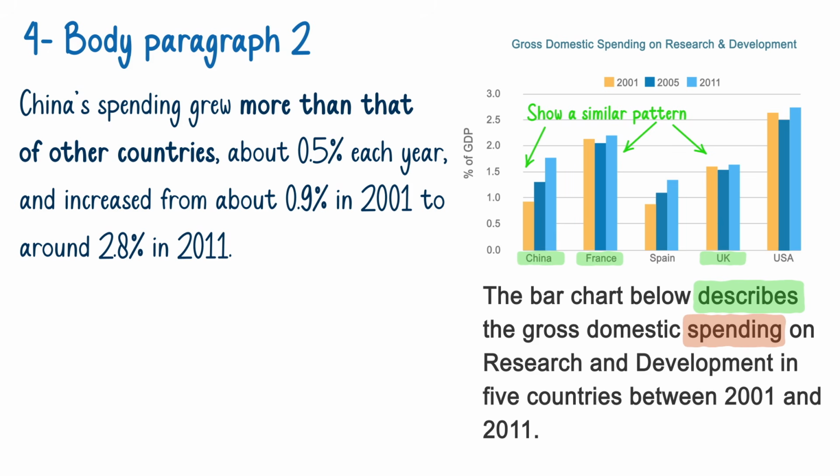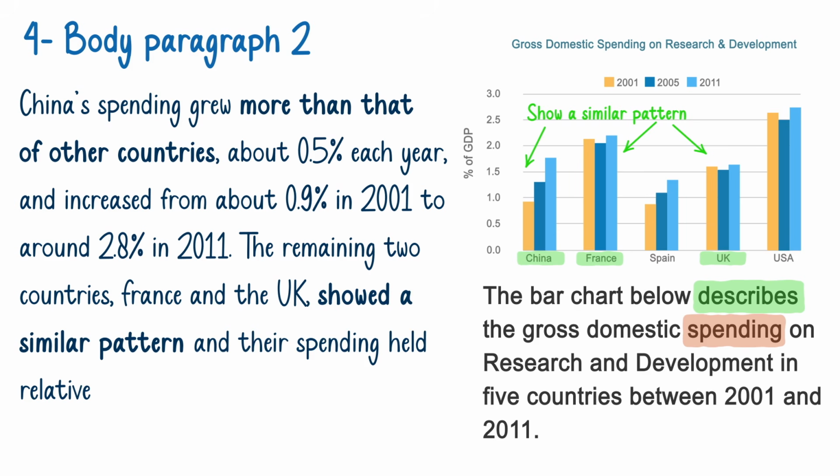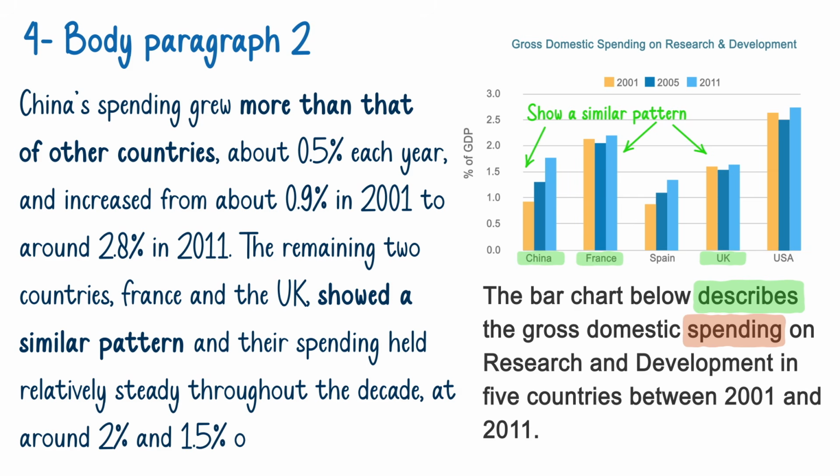Now let's talk about the remaining 2 countries. The remaining 2 countries, France and the UK, showed a similar pattern, and their spending held relatively steady throughout the decade at around 2% and 1.5% of GDP, respectively. So you know how to write "respectively" when you talk about 2 items, 2 countries, and you provide data.